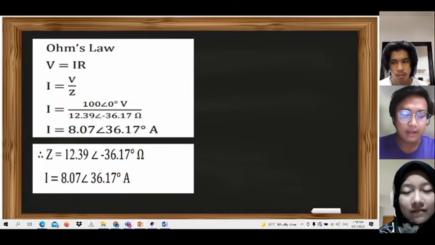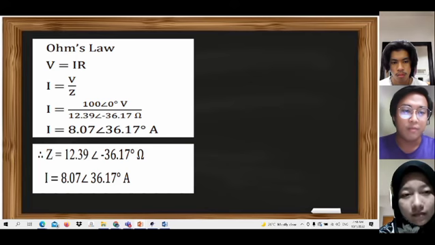Now that we found the impedance in polar form, we can finally substitute the value of impedance into Ohm's law. We know that Ohm's law is V equals IR. So we derive I, the current across the AC circuit, equals V over Z, the impedance. So it's 100 at an angle of 0 degrees volt, given in the diagram, divided by the impedance.